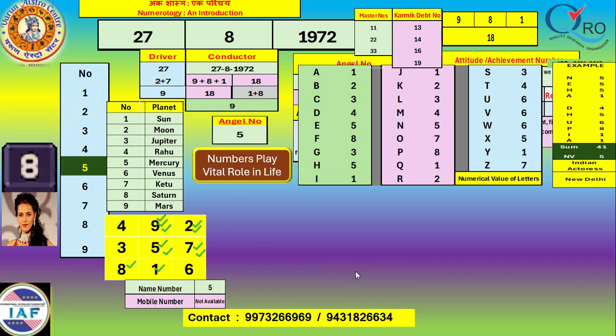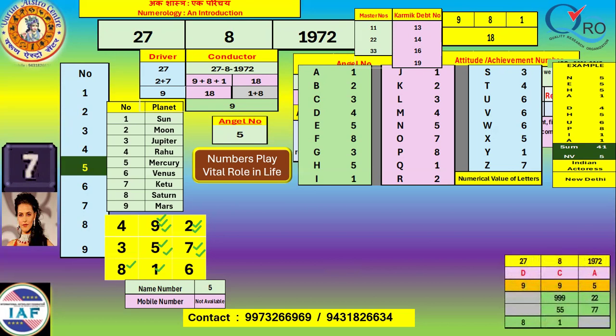Now we will see from this chart which is drawn here. So 5 is coming twice, 2 is coming twice, 7 is coming twice, 8 and 1 once, and 9 is coming thrice. Any number, if it comes once, gives 60% result.